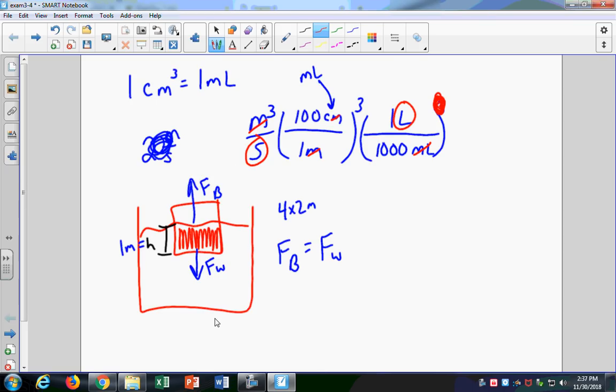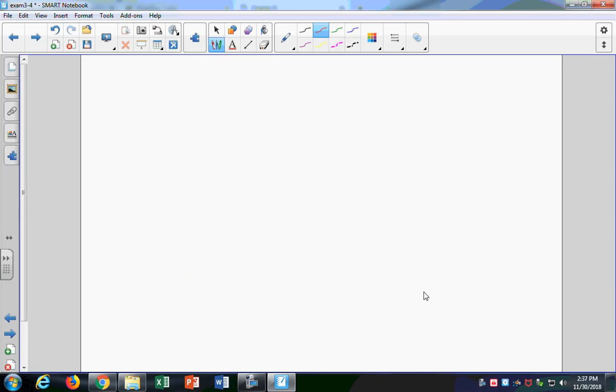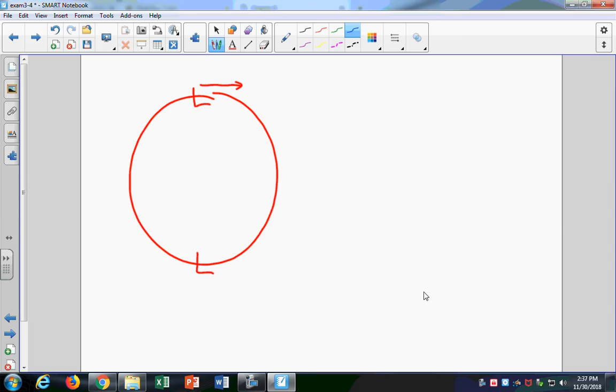So remember, we did a couple examples in class. I appreciate you asking that. For example, the Ferris wheel. Remember the Ferris wheel? You can be at the top or at the bottom. In both cases, I have a weight acting downward and a normal force acting upward. Normal force, weight.